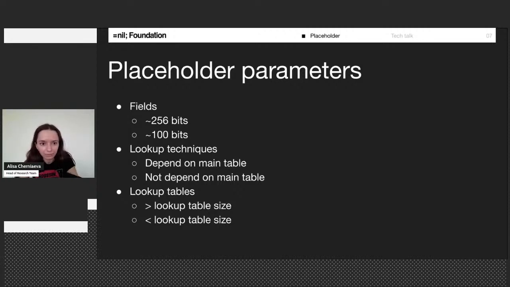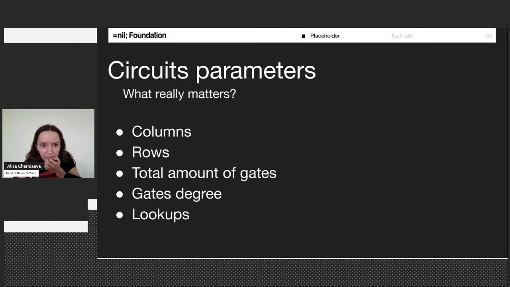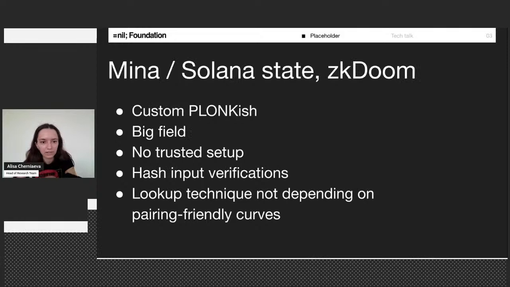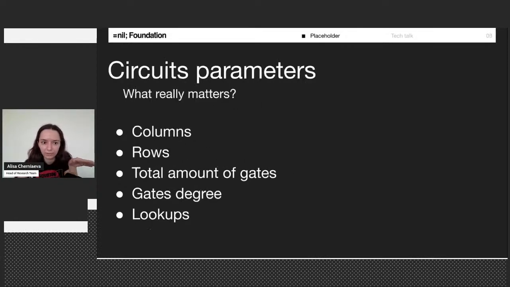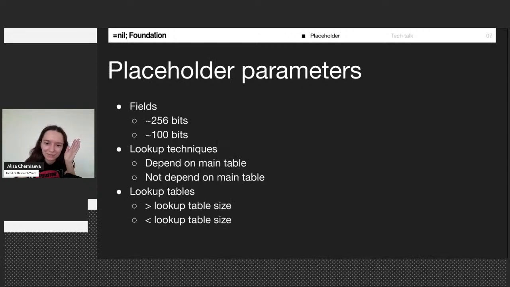So first of all, if you remember, we have something about big field and small field. What I mean is that sometimes we have elliptic curve arithmetic and we need a big field, and in another case, when we just work with integers, we can use a small field.